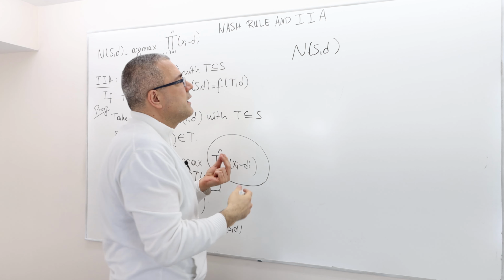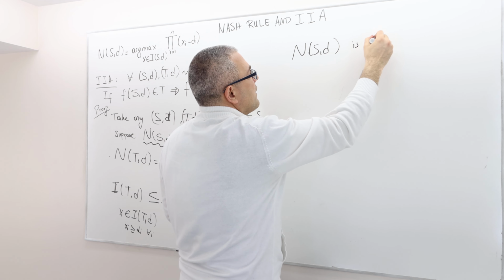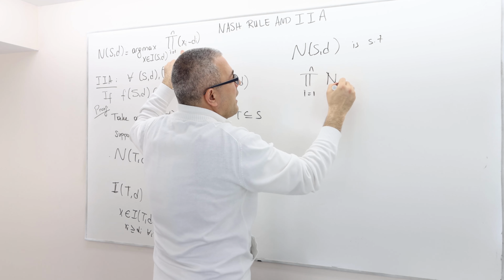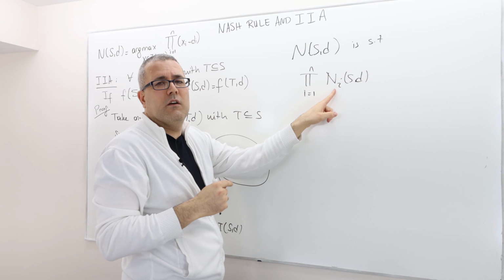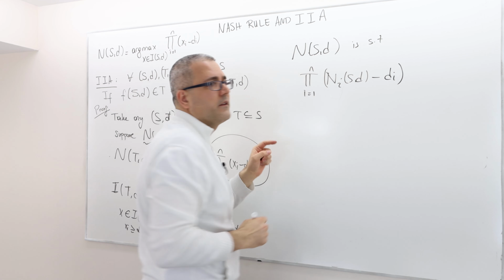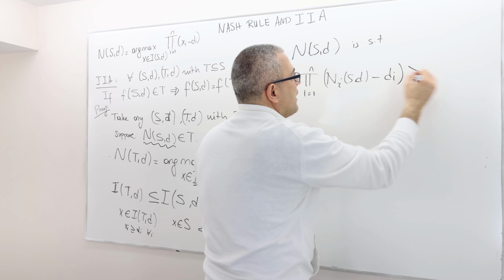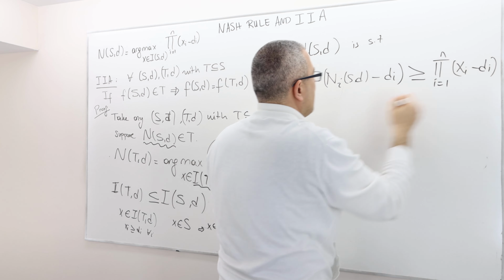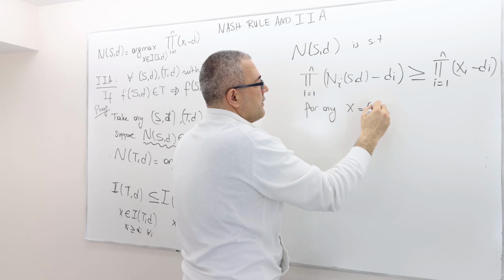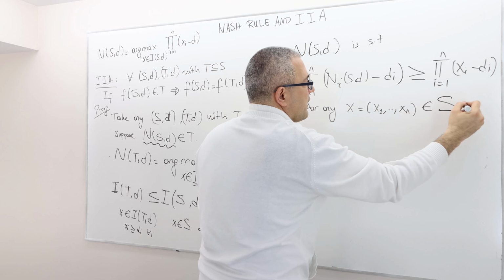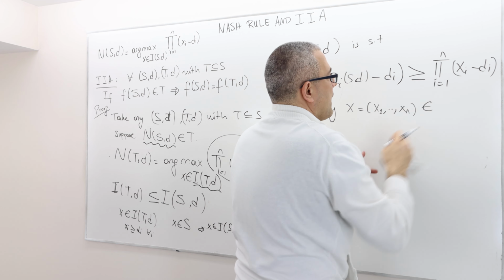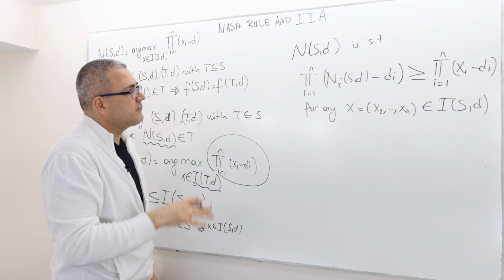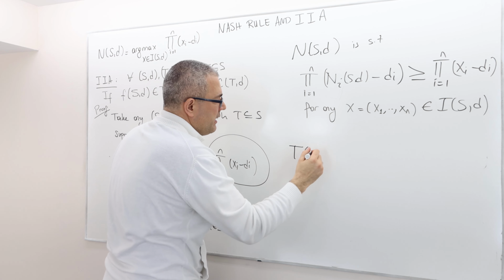Because it's a Nash solution, it satisfies the following: the product from i equals 1 to n of Ni(S, d), the ith guy's payoff minus his disagreement, is greater than or equal to the product from i equals 1 to n of xi minus di, for any x equals (x1, ..., xn) in set S, in fact in I(S, d). Agree?